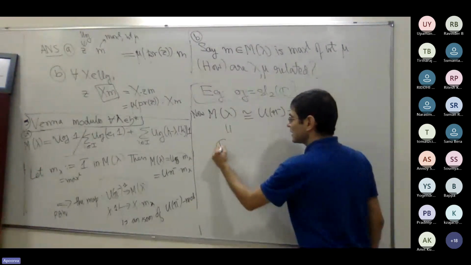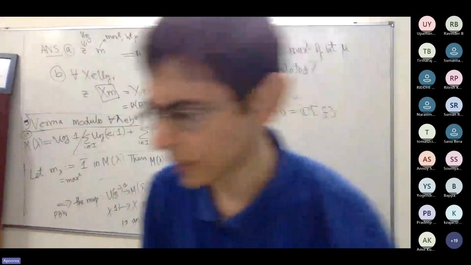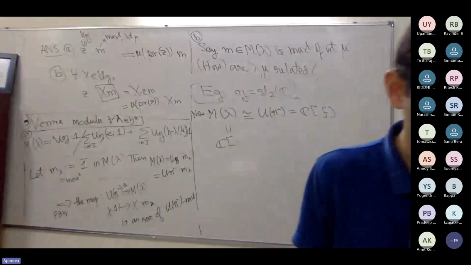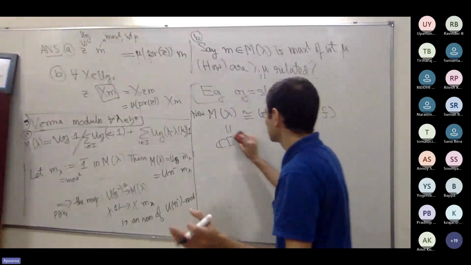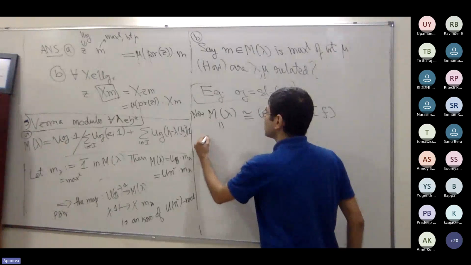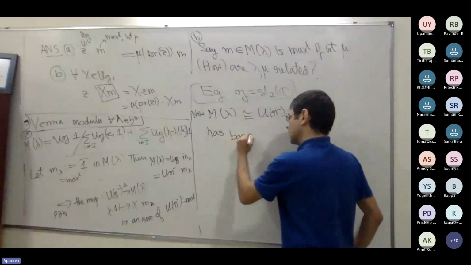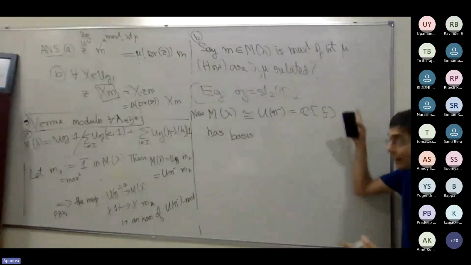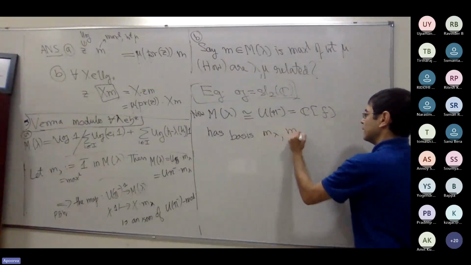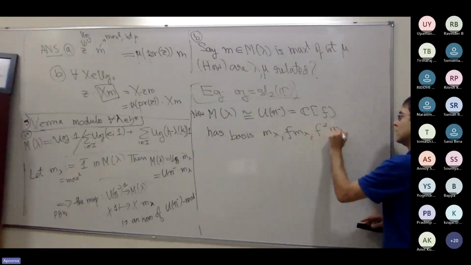So what we are saying is it's the direct sum, it is the span or has basis. It is basically this thing, but applied to the highest weight vector. So it has basis M lambda, F M lambda, F squared M lambda.